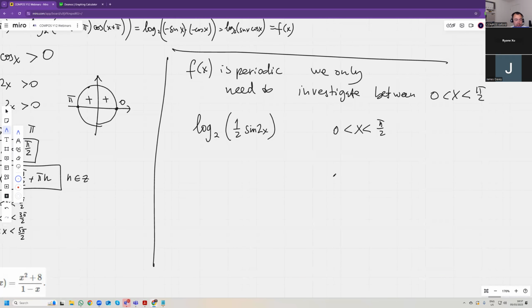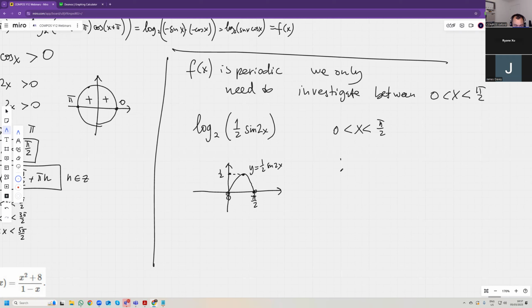So sine 2x goes like this, from 0 to pi over 2, not including the endpoints, of course. That's y equals 1/2 sine 2x. The maximum value is 1/2. So first the function is increasing from 0.